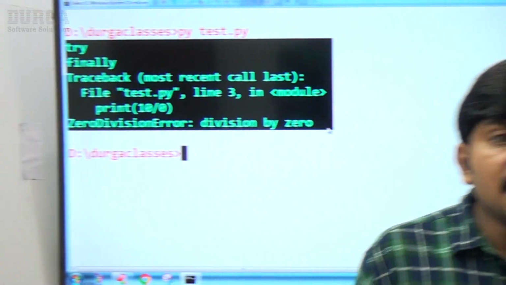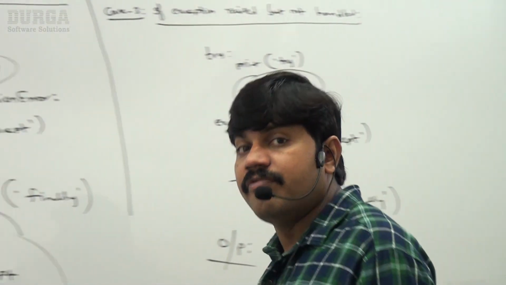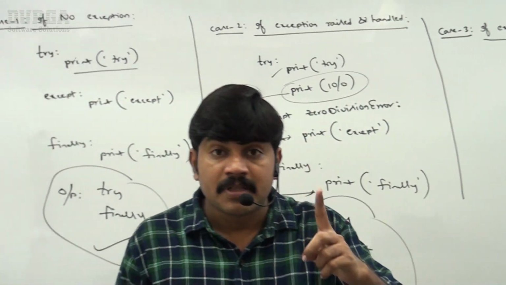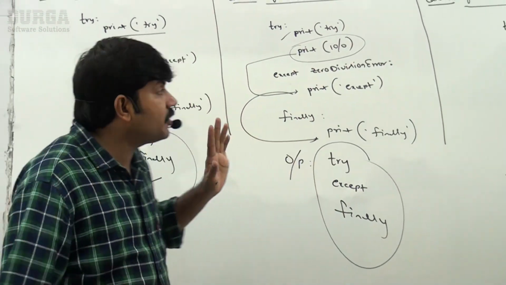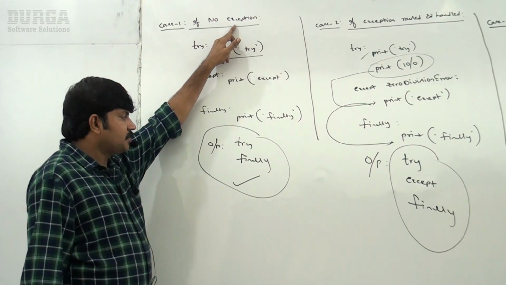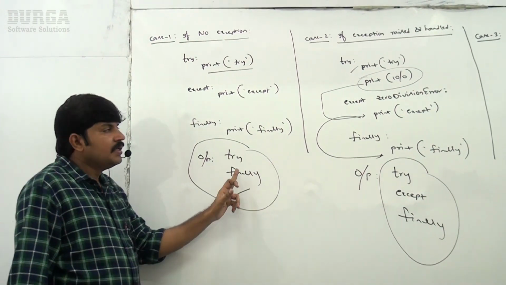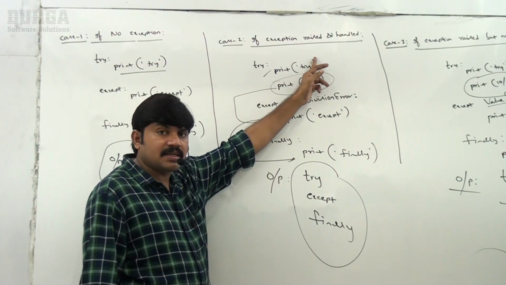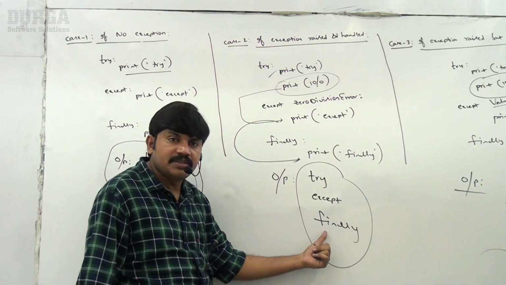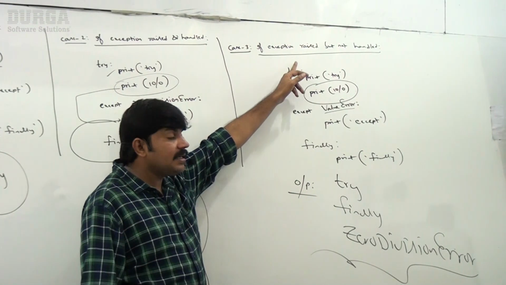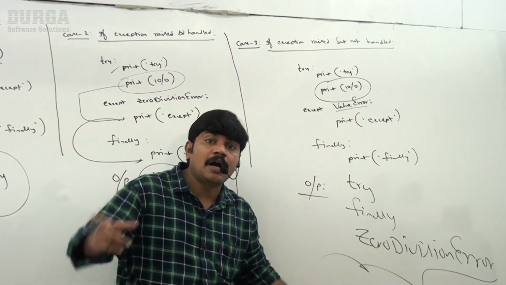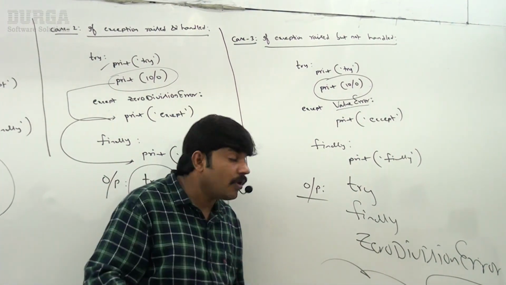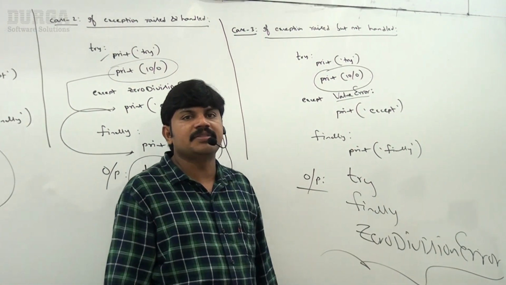That's all. These three cases are very important to describe the speciality of the finally block. If there is no exception, finally is executed. If an exception is raised and handled, finally is executed. If an exception is raised but not handled, abnormal termination, but before it, finally got executed.